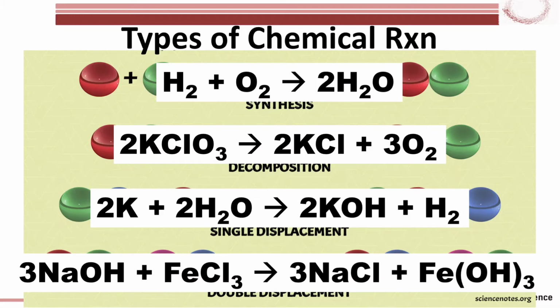And of course, double displacement, nagpalitan ng partner. Although, hindi ganito lagi yung case kasi may condition kung ano-ano yung mga mapapalitan na elements, but that's not part of this lesson. So, may condition yan.